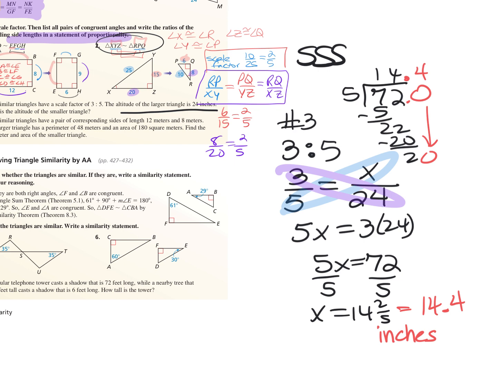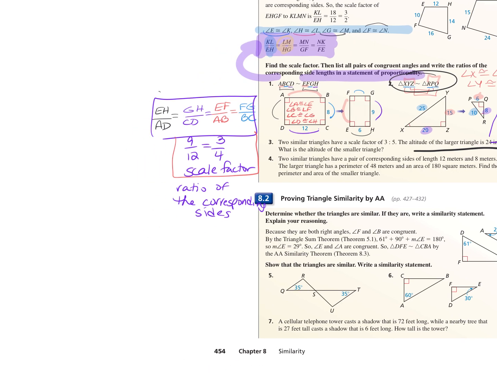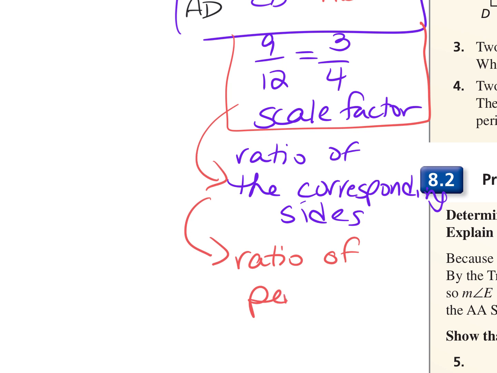Now for number 4, this is the information we used, the 2 theorems in 8.1. The first one was for the perimeters, and in addition to the scale factor being equal to the ratio of the corresponding sides, the theorem also told us that the scale factor is also equal to the ratio of the perimeters.